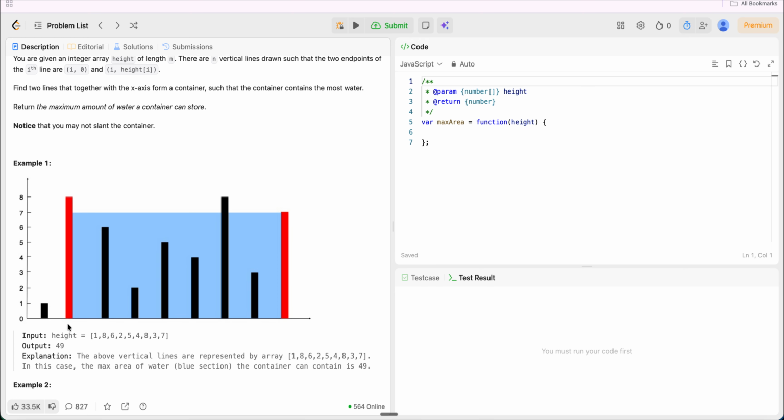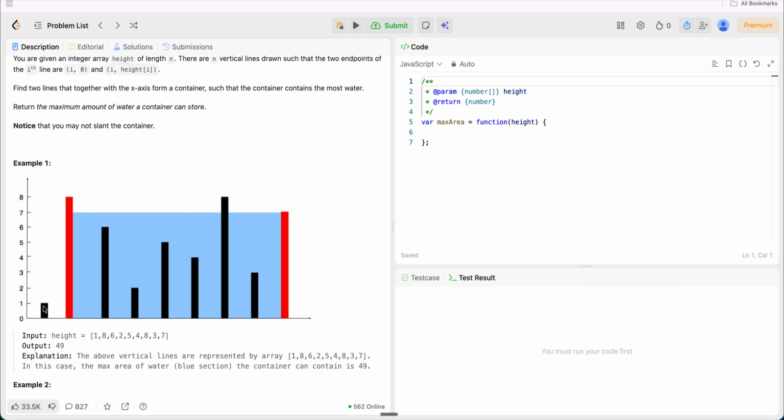So basically, this is the axis and this is the height of the vertical lines. What they're trying to say is you can have the edges on both of the ends, and you should calculate the maximum water contained between those two edges. Let's say I am taking the vertical line of height 1 and the vertical line of height 7 at this end.